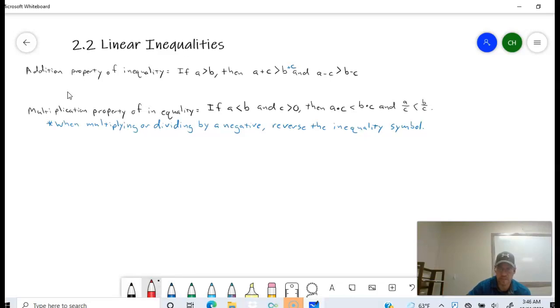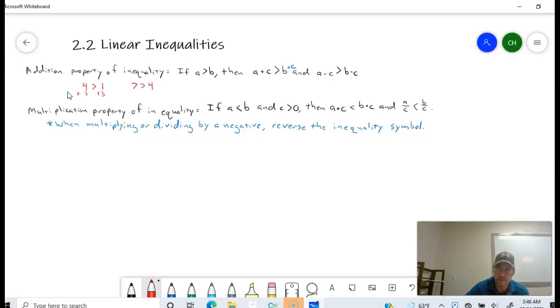Basically all that means is that if I add or subtract anything to both sides of an inequality, the inequality is still true. For example, if I have 4 is greater than 1, and I add 3 to 4 and I add 3 to 1, I get 7 is still greater than 4.